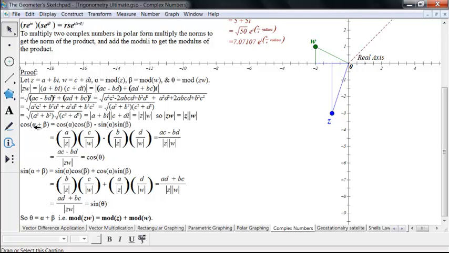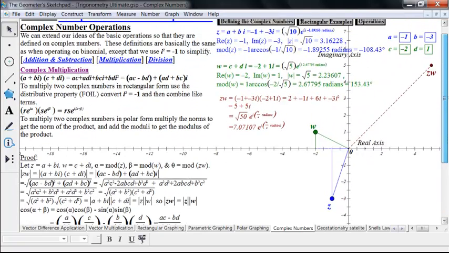So we've shown that if you take alpha plus beta, you find its cosine, you get the cosine of theta. And if you get sine of alpha plus beta, you get the sine of theta. So that means that theta and alpha plus beta are the same, or at least coterminal. So theta is alpha plus beta, and so the modulus of zw is the modulus of z times the modulus of w.